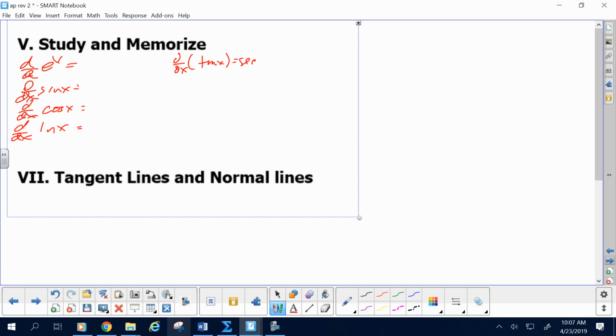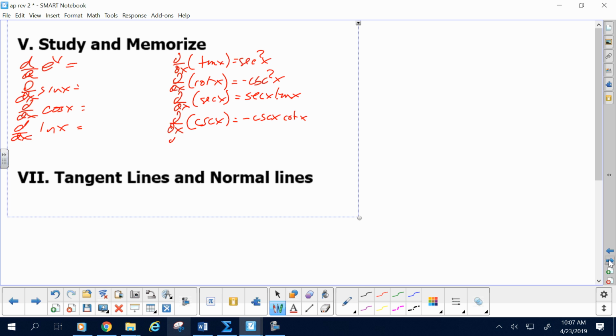Secant squared. Do you know the derivative of cotangent? Negative cosecant squared. Do you know the derivative of secant? Secant tangent. Do you know the derivative of cosecant? Negative cosecant cotangent, yeah?